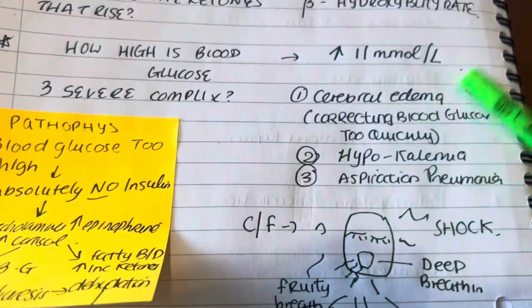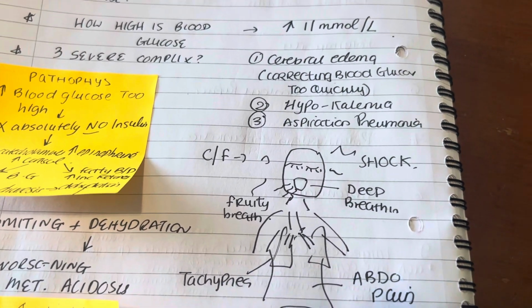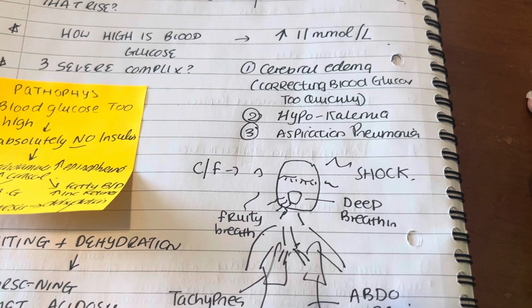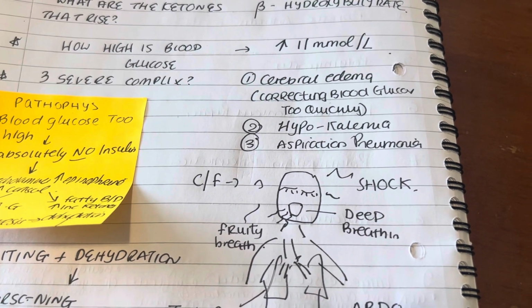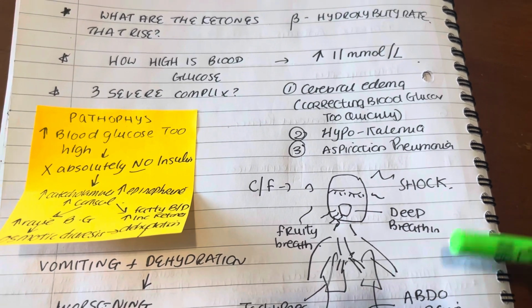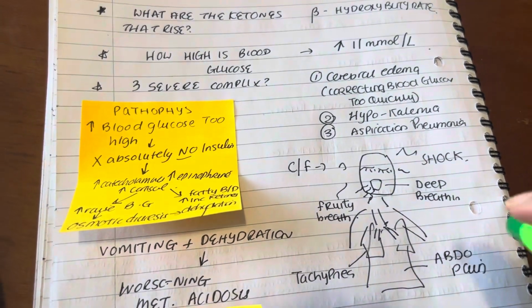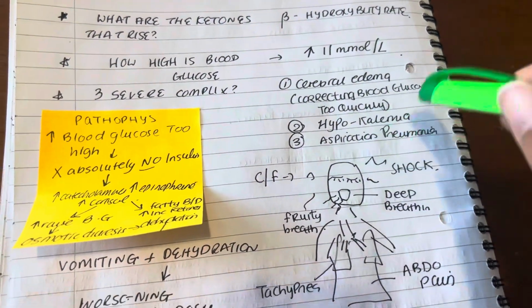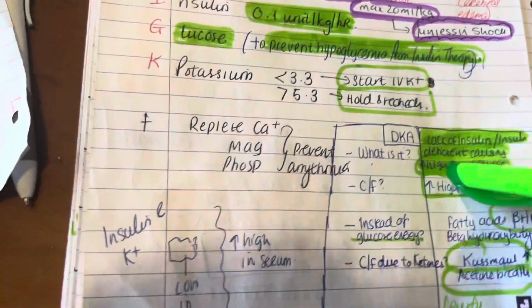Well, patients can get cerebral edema because if we correct the blood glucose too quickly, the water can herniate and cause cerebral edema. Where the glucose goes, the water is also being transported. There's hypokalemia because even though the plasma potassium levels might be normal, the intracellular potassium stores get depleted.